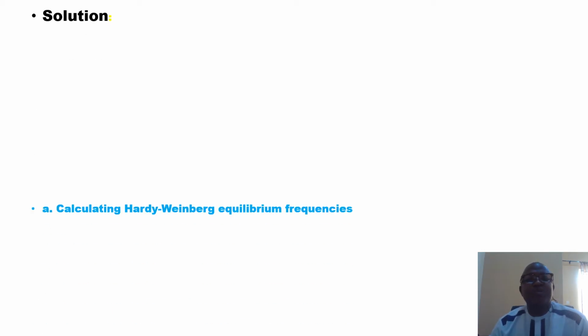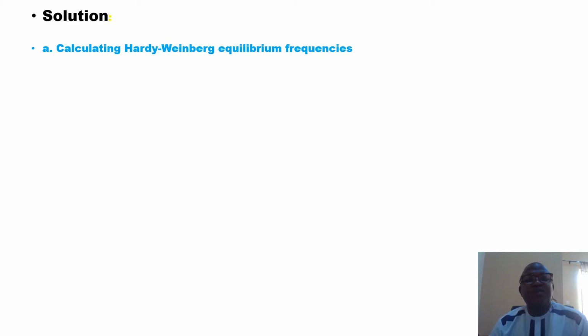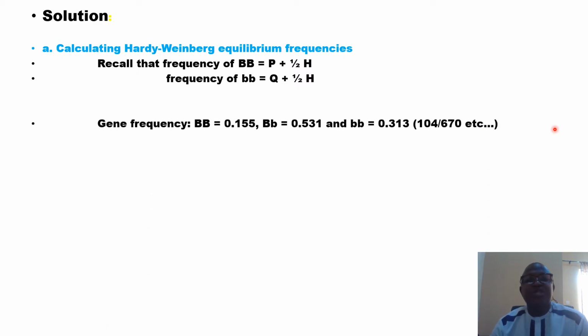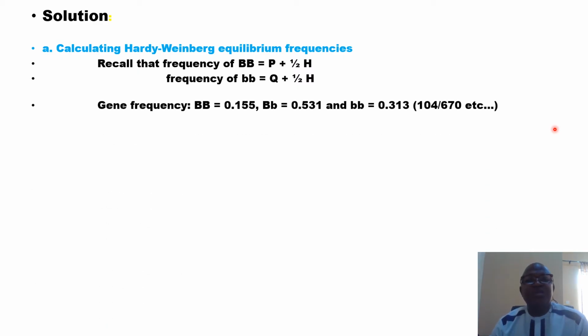The first thing is to calculate Hardy-Weinberg equilibrium frequencies. Let us recall that the frequency of capital B is given by P plus half H, and that of small b will be Q plus half H. The genotype frequencies, when we do the calculation, will be 0.155 for BB, 0.531 for Bb, and 0.313 for bb. How do we obtain it?